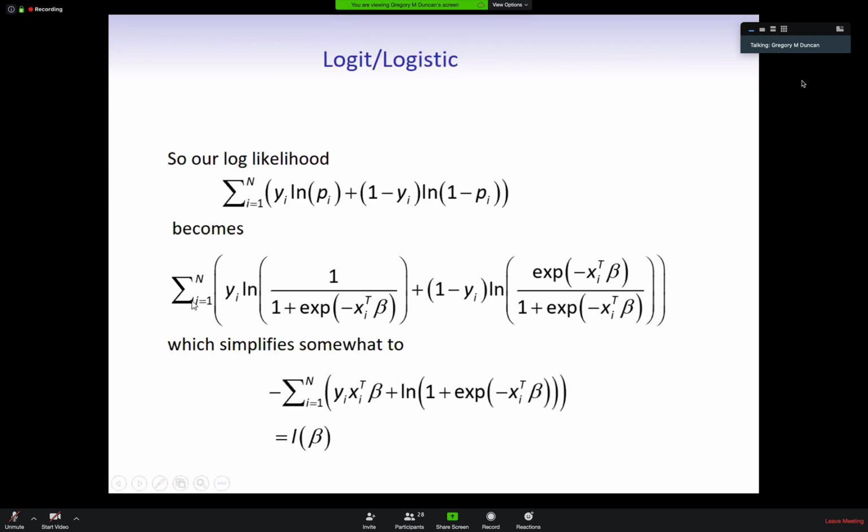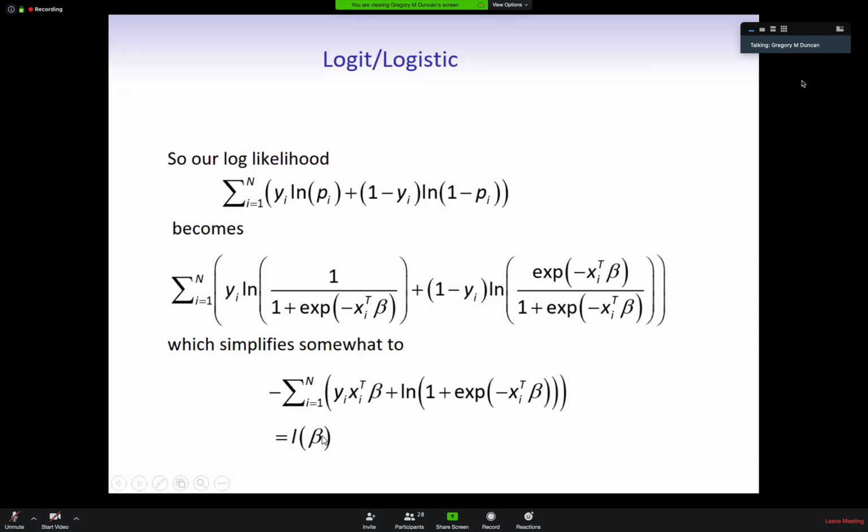Turns out that this simplifies, and I want you to do the algebra for this. I want you to show that this is in fact equal to this. So we have the yi's times the xi's summed, times beta. And then we just sum up i equals 1 through n, the log probabilities.